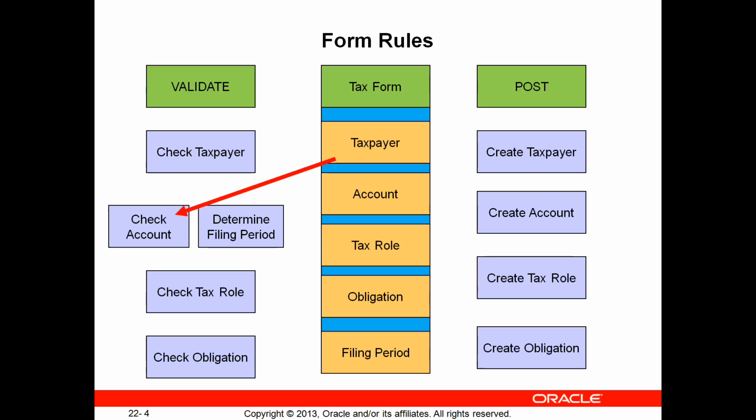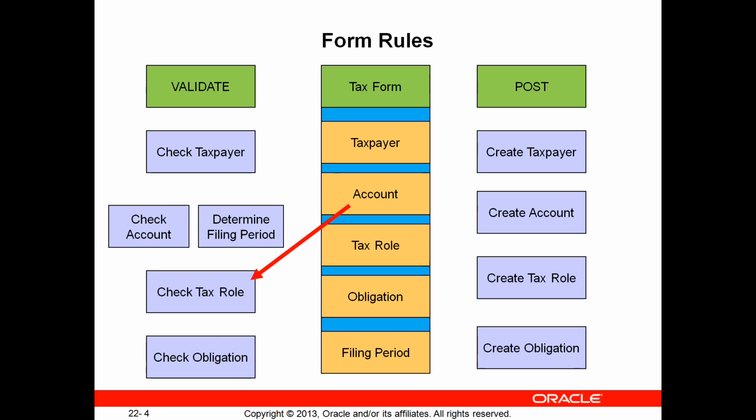If there is no taxpayer, then it simply can't do anything, because you obviously need a taxpayer to build an account. But let's say you do have a taxpayer on the form, then the form rule can then check the system, see whether there is an account, and if there is an account, update the form with the account ID.